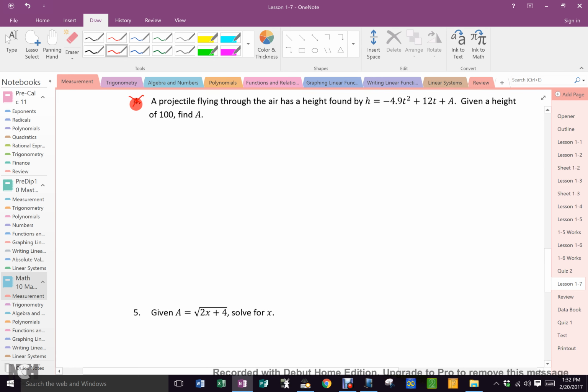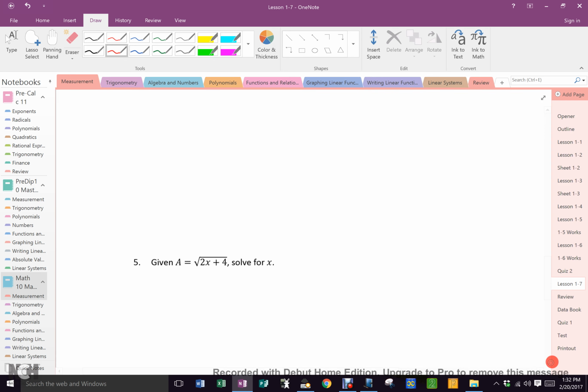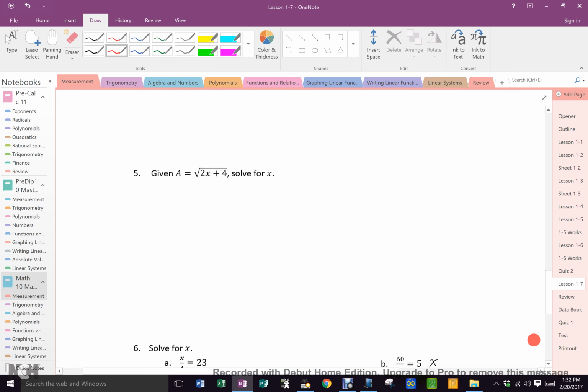Skip number 4. Okay, number 5. 5 is where it starts to get slightly more difficult because you have no numbers, yes? What do I mean when I say solve for x? What do I have to do? Get x by itself, right, Sean? So what is in the way of x being by itself?